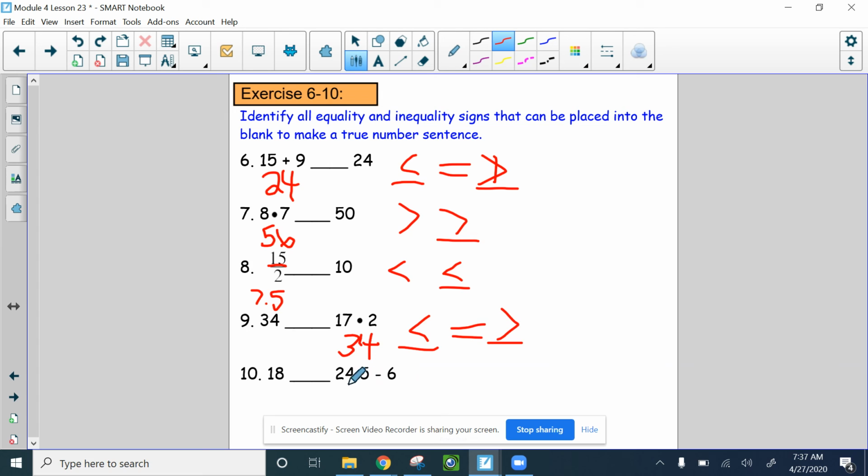For my last one, 24.5 minus 6, I would get 18.5 here. So I need to figure out what symbols could I put in the middle there. Well, since 18.5 is the larger of the two numbers, I know 18 is less than or less than and equal to. This is what you're going to be practicing today. Not problems like this, but just determining if things are true or false.